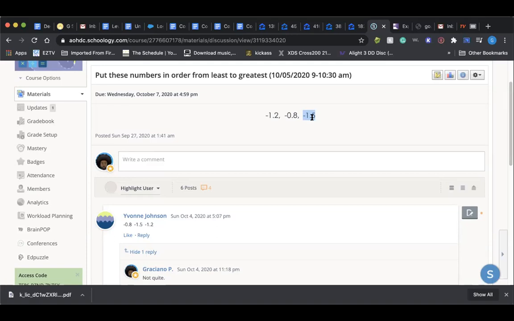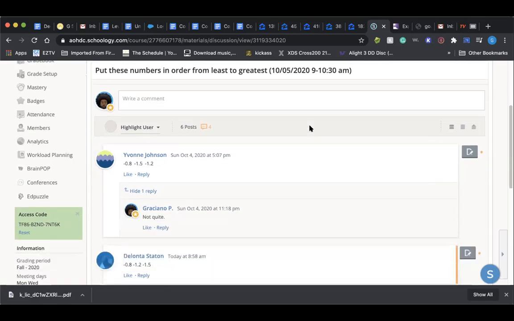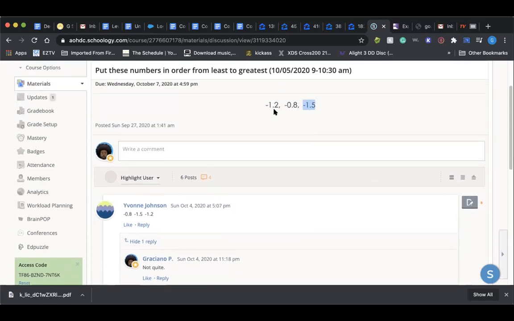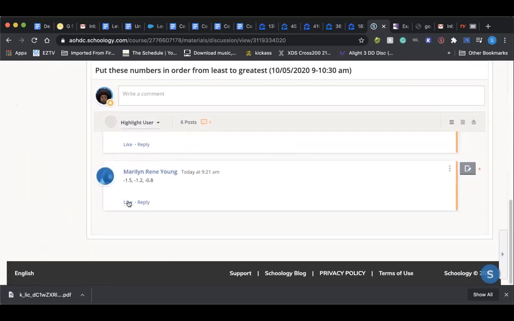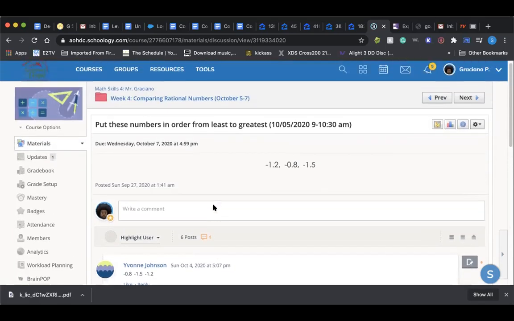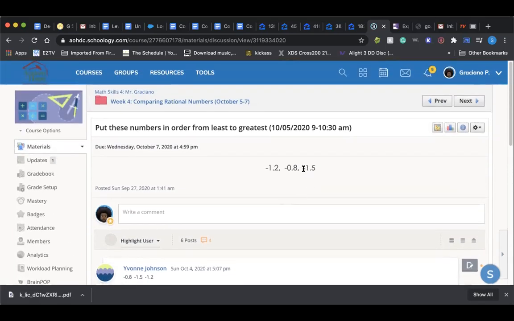So that negative 1.5 is my smallest number. All right, so what number is next? Negative 1.2. Yes. So my order should be negative 1.5, then negative 1.2, then negative 0.8.